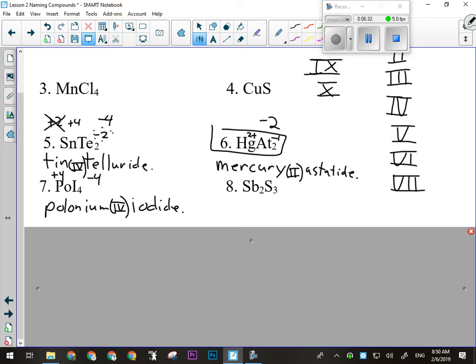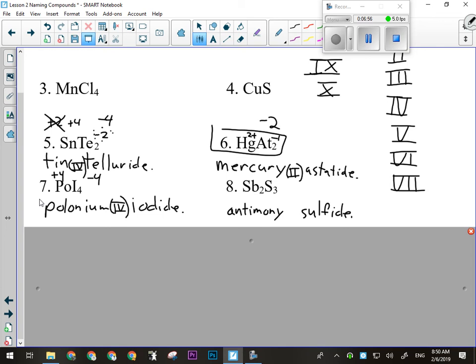SB is antimony, and it is with sulfur. So this is going to be antimony something sulfide. Sulfur's charge is always -2, and there are 3 sulfurs in this compound.